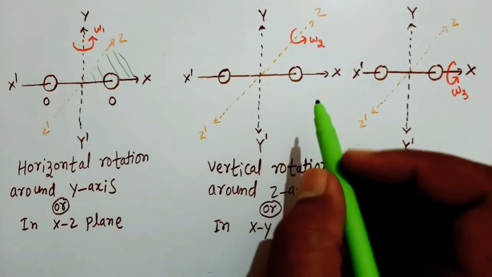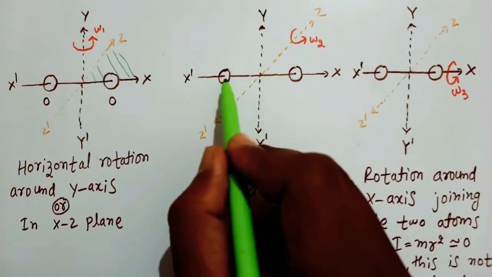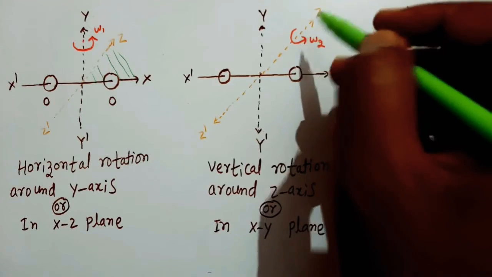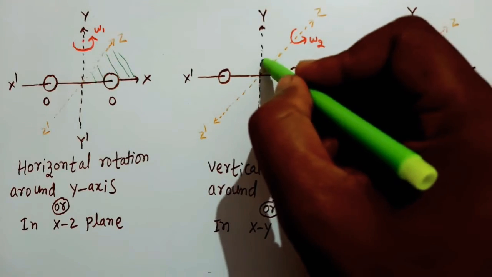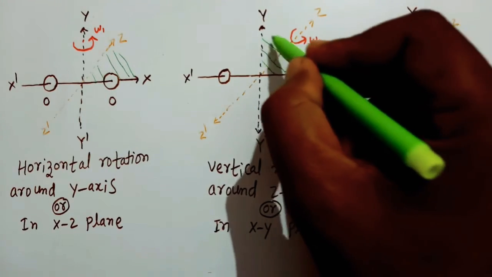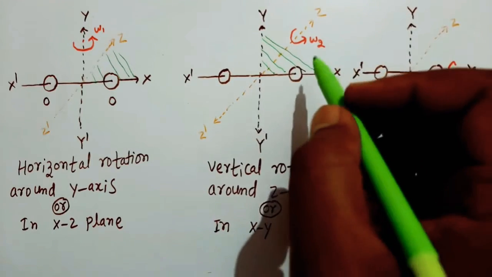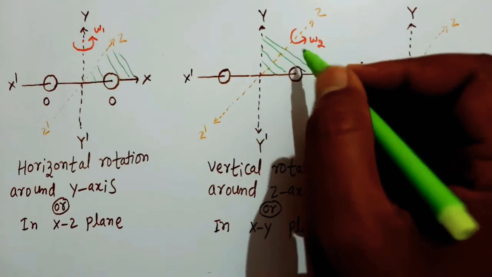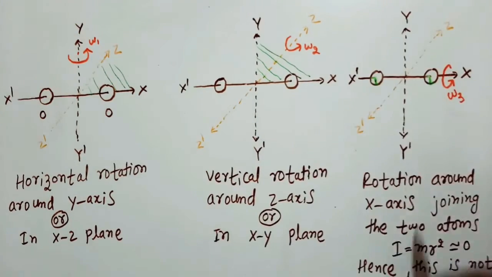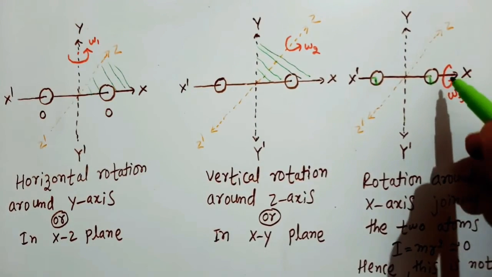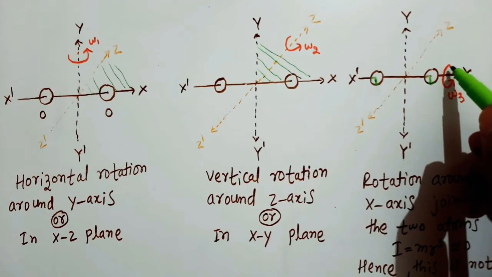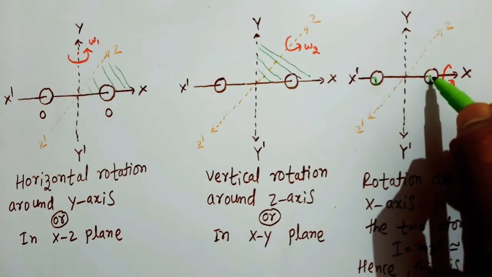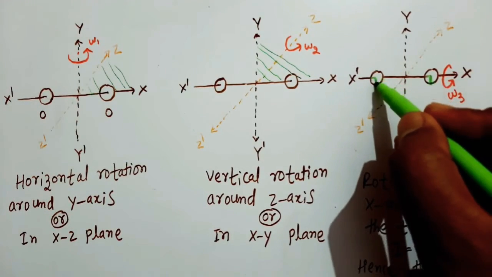See here, the oxygen molecule rotates about the z-axis or in the xy plane. So that is a vertical rotation. See here, the oxygen molecule rotates about the x-axis. Here r is very small.